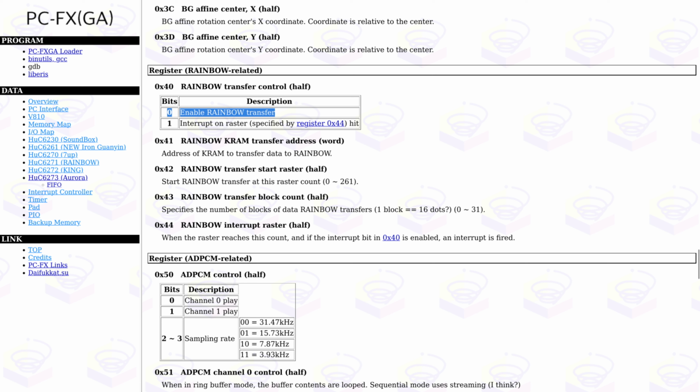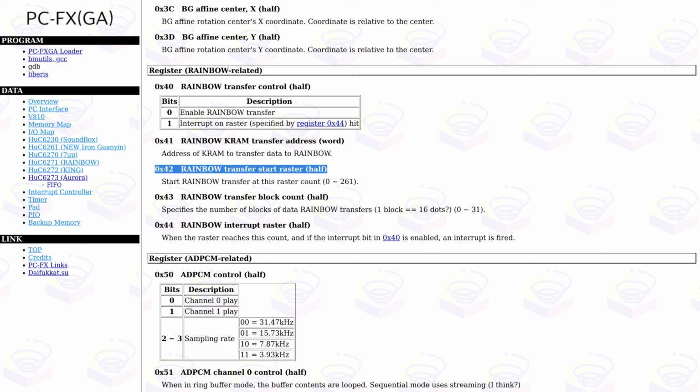However, this is not done yet, because then you need to have your Rainbow graphics in KRAM. So with this register, you then set the KRAM index of where your Rainbow graphics are stored. Then you tell Rainbow, or rather the King chip, on which scan line it should start drawing, the starting scan line basically. I would assume that you cannot control the end raster.